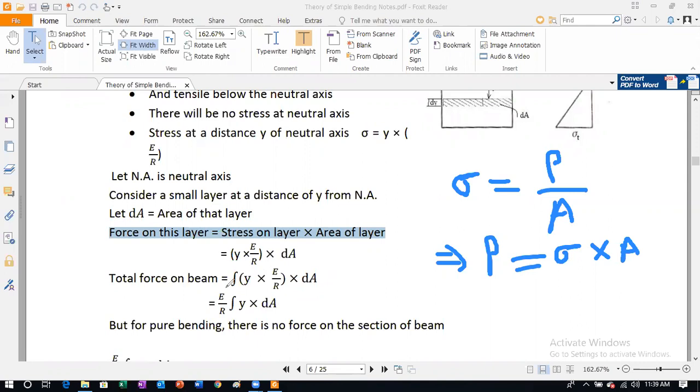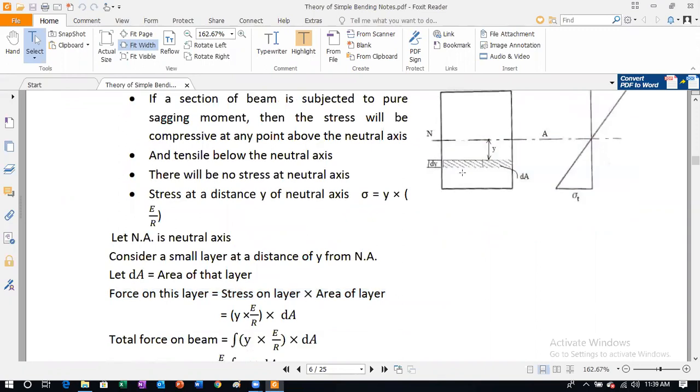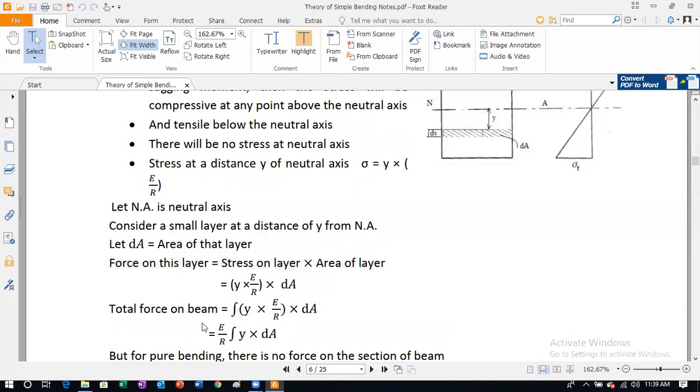So we will have y multiplied by E upon R multiplied by dA, that is force in this layer only. For force in the complete section, we will have to integrate this with respect to the limits, right? So total force on the beam will be equal to the integration of y multiplied by E upon R multiplied by dA.